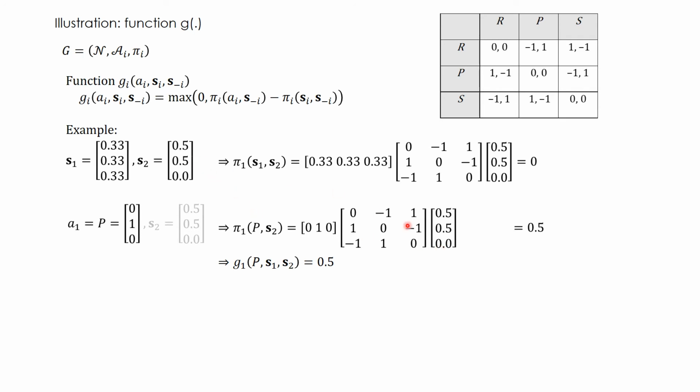S2 remains the same. The opponent of agent 1 is not changing its strategy. So the payoff in this case, if you do the multiplication, turns out to be 0.5. 0.5 minus 0 is 0.5. It's greater than 0, so we don't have to threshold it by this max. So G1 P comma S1 S2 equals 0.5.